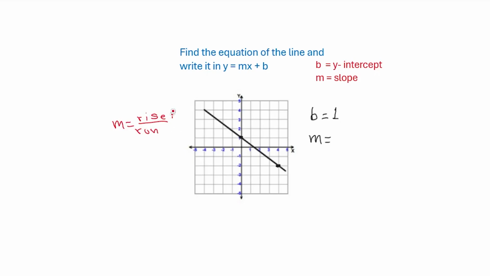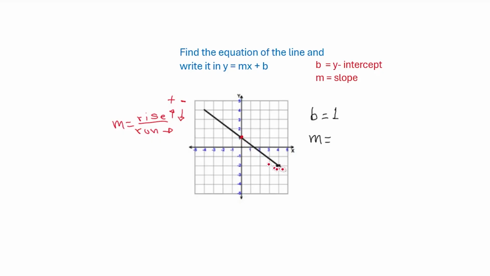Whenever you move up to get to the point, the slope is going to be positive. Whenever you move down to get to the point, the slope is going to be negative. And for the run, you're always going to be moving to the right. So in this case, you always start with the point that is on the left side. Okay. And you're moving to the right side.